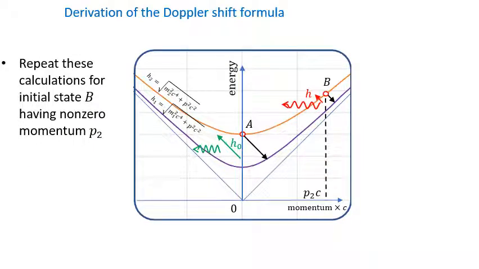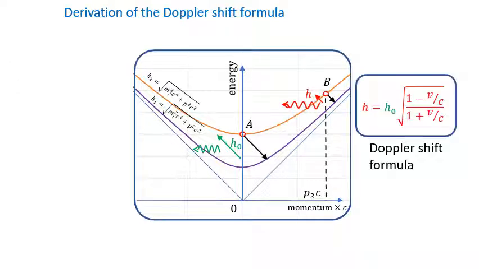Next, we repeat the same calculation, but for initial excited state B having non-zero momentum P2. For a photon emitted to the left, its energy H is equal to H naught multiplied by a velocity-dependent factor. This factor is less than unity, so we have derived the Doppler redshift formula.